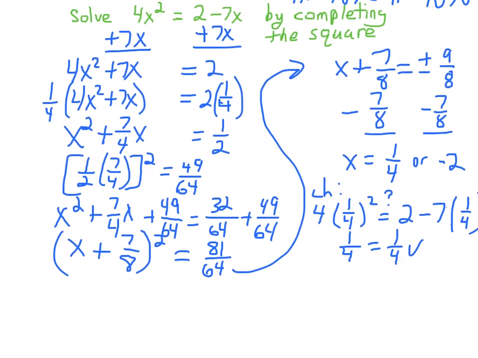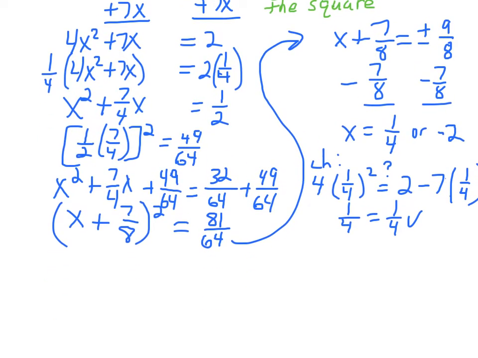So let's check the other one. Then I'm going to check -2. 4 times -2 squared, does that equal 2 minus 7 times -2?